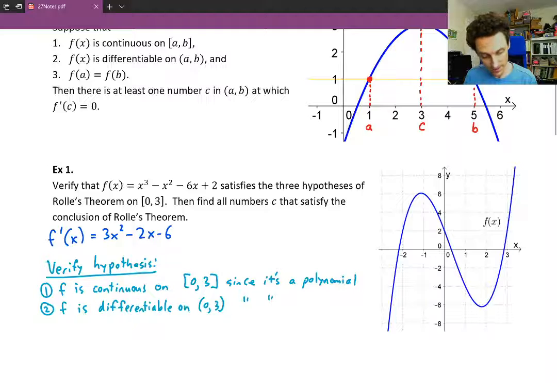Again, since it's a polynomial, I'm just using those quotes to say the same thing. 3, f of a equals f of b.